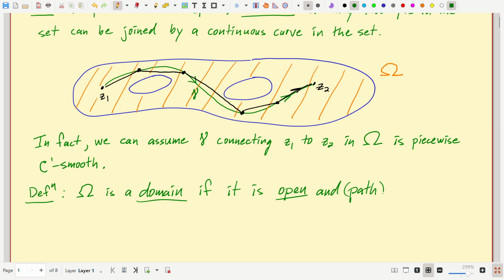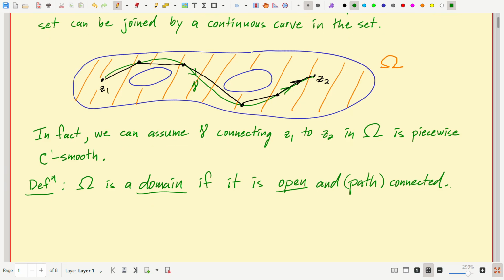So I'll put path in. It's a theorem in topology that in the complex plane, on an open set, path connected and connected are the same thing. So I don't have to be picky about how I define it. It's a fun thing to check that out when you take a topology class.